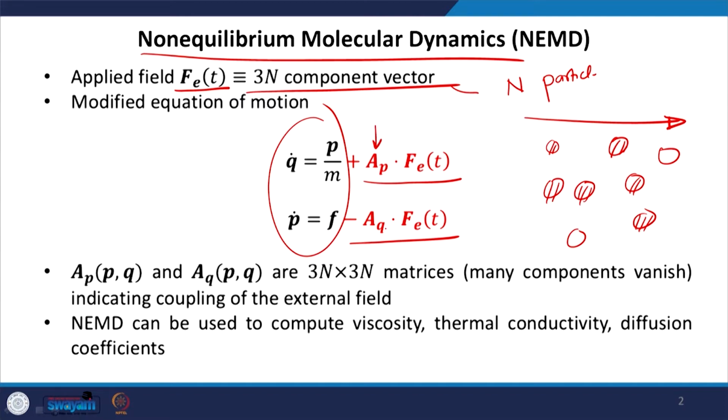And in this case, AP and AQ are going to be 3n times 3n matrices, because Fe is a 3n matrix, Qn is a 3n vector, because you have 3 coordinates for every particle multiplied by n, and AP and AQ essentially are telling me how the field is coupling with the particle, in the sense that how the position and momenta of the particle is coupled with the external field.